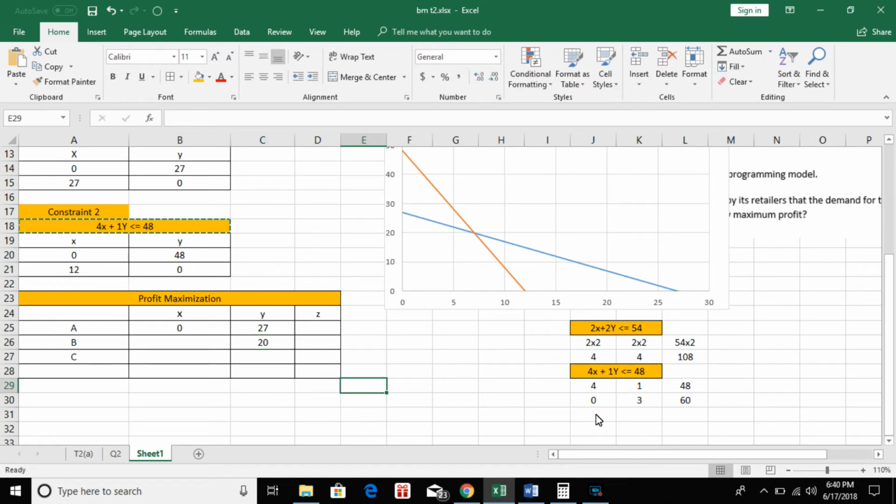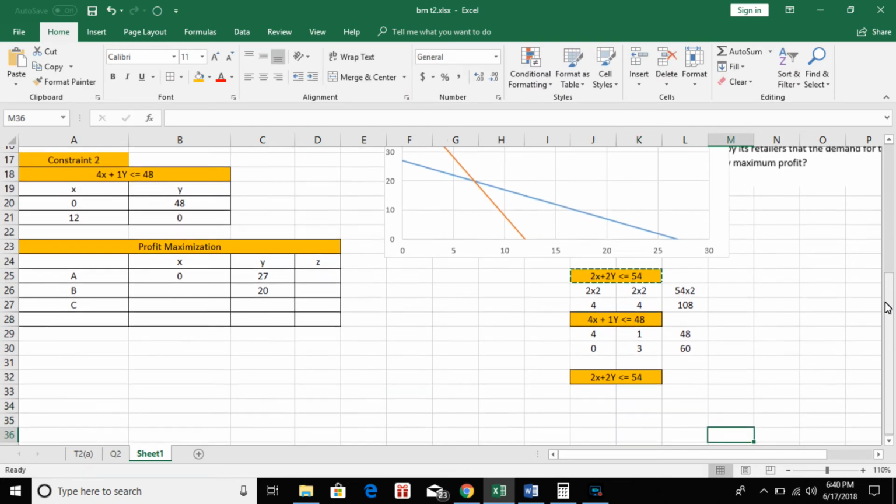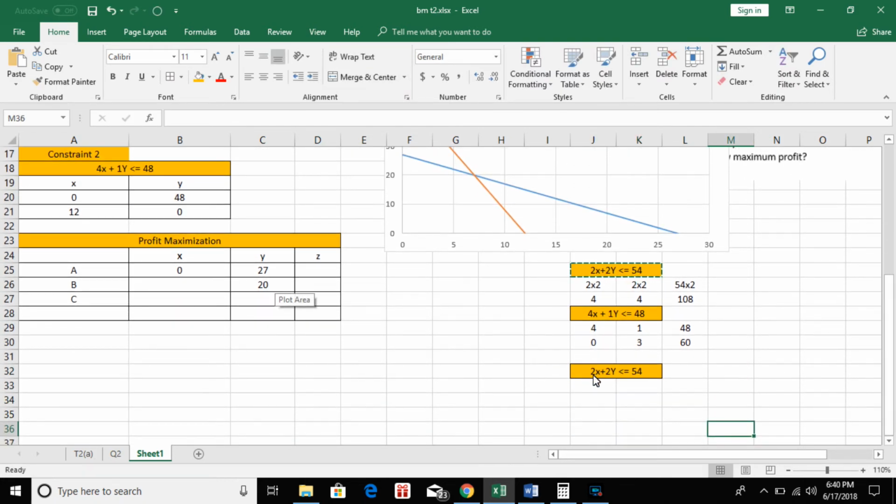And in order to calculate x, we will use this equation. We will put our value of 20 inside this equation. For y, we already got y is 20, so we will put this 20 inside here.